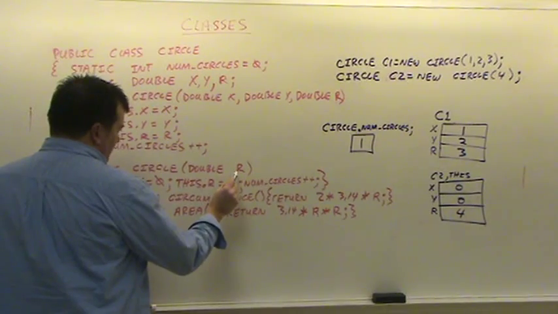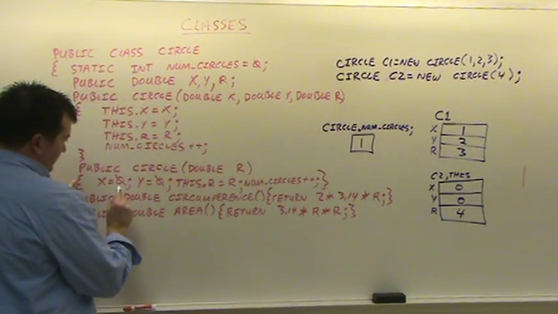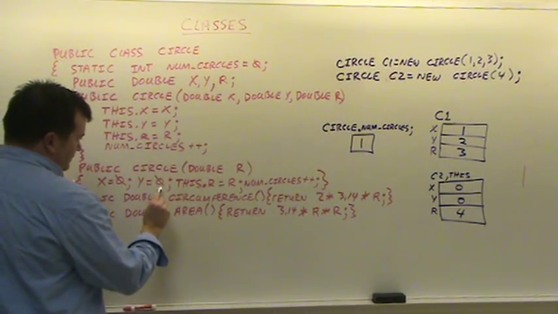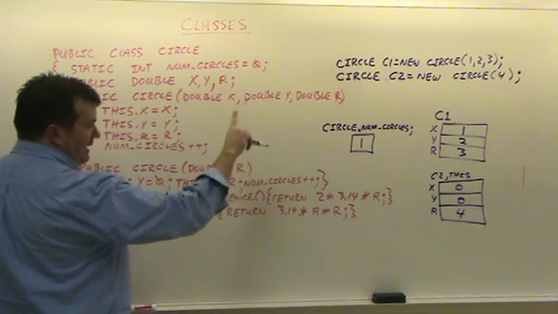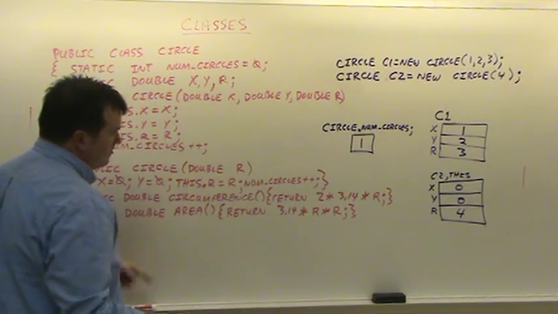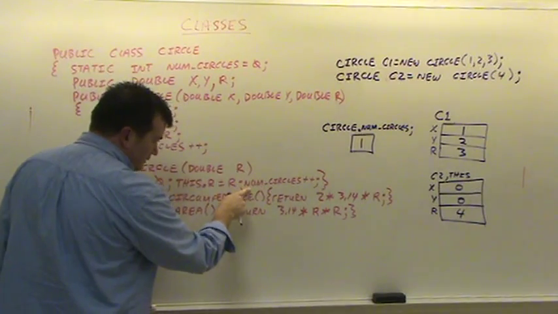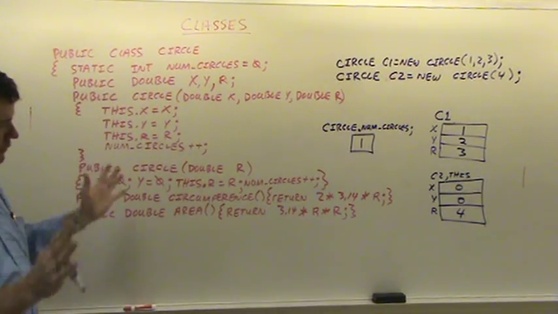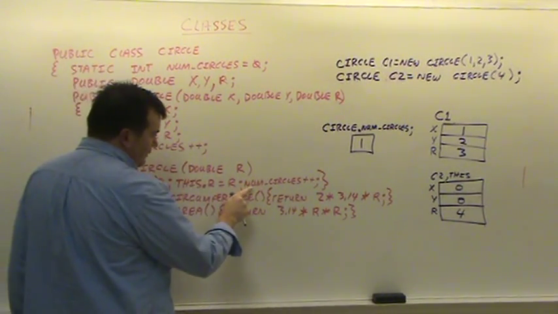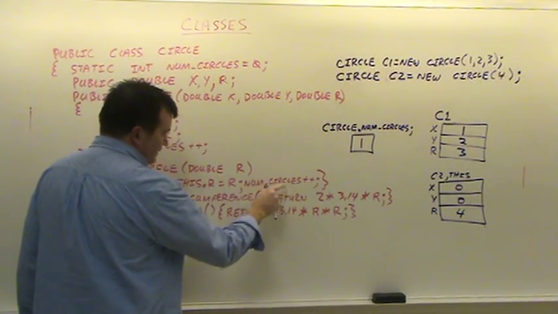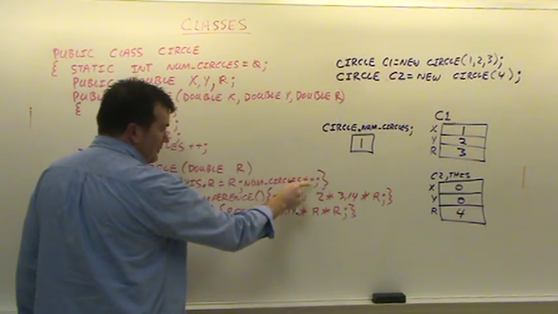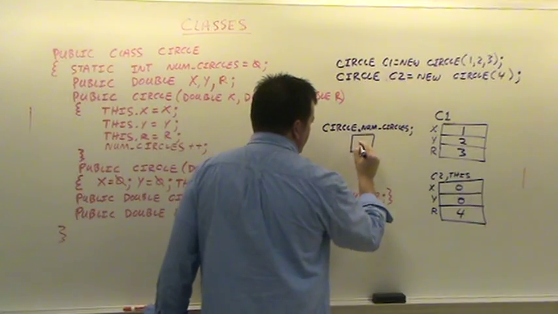So that's this one. This one made the x field a 0, the y field a 0, the parameter that was passed in became the r field, and then the static variable, meaning 1 for the whole class, the static variable num circles gets incremented again. So this now becomes 2.